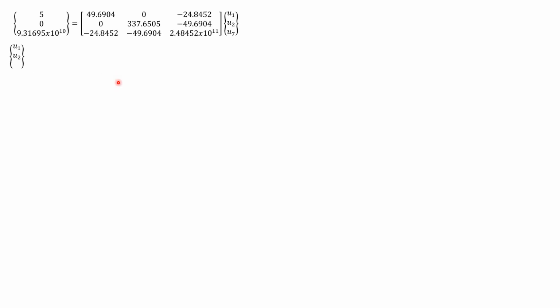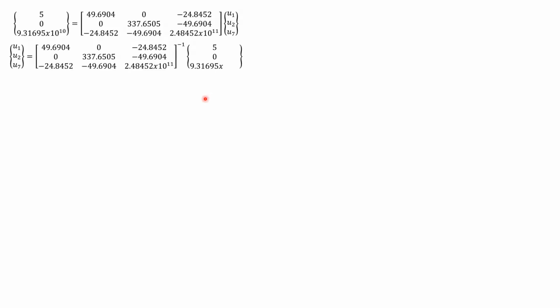So U1, U2, U7 equals the inverse of the matrix, using your calculator because this is just 3 by 3, times the force matrix, which is 5, 0, 9.31695 times 10 to the 10. Solving for U1, U2, U7, we have 0.288123 and 0.055187 and 0.375. As for U1, U2, it's the same as the first technique.